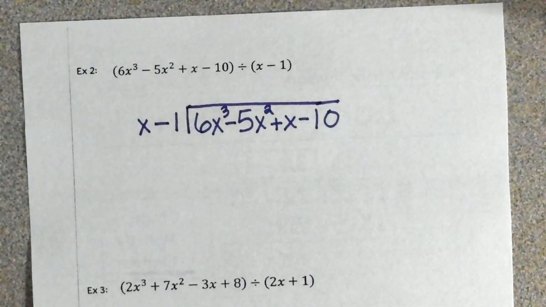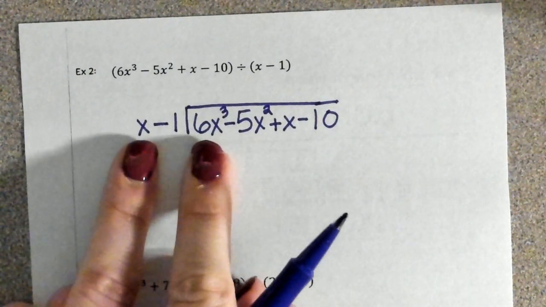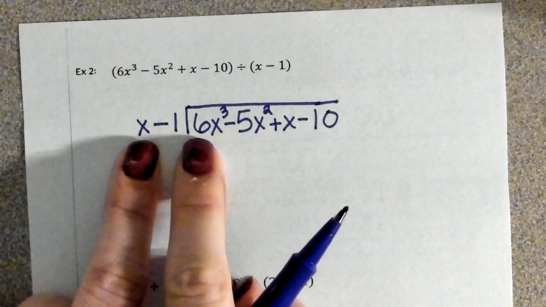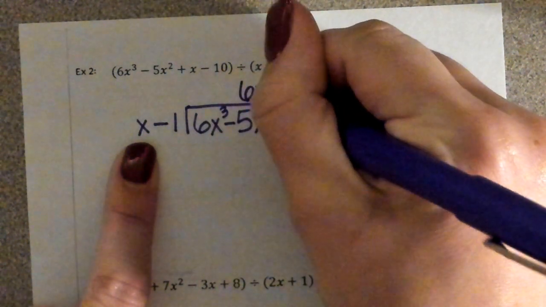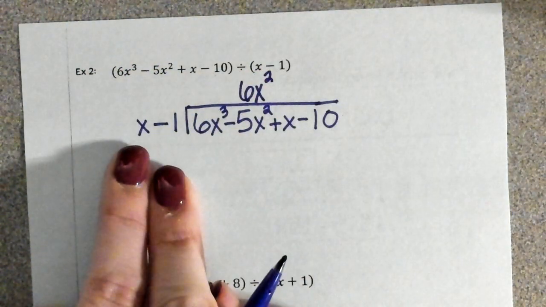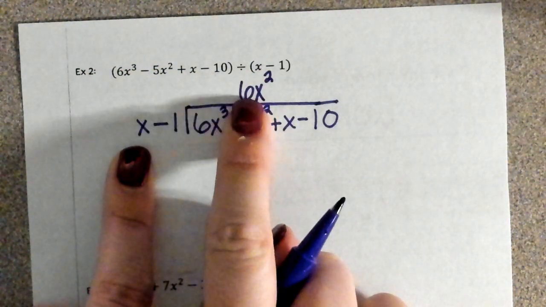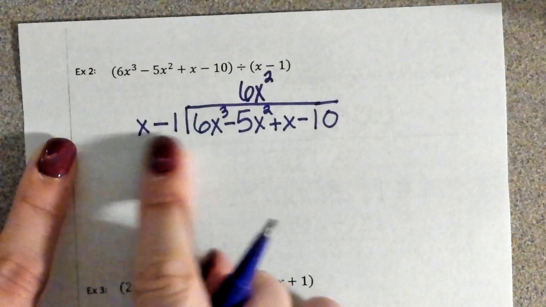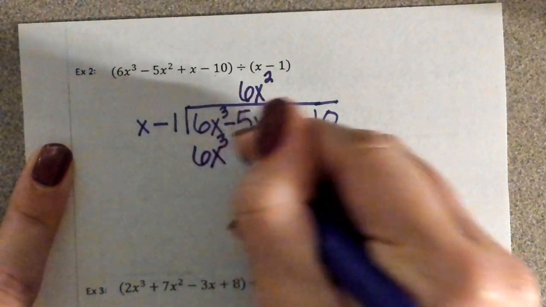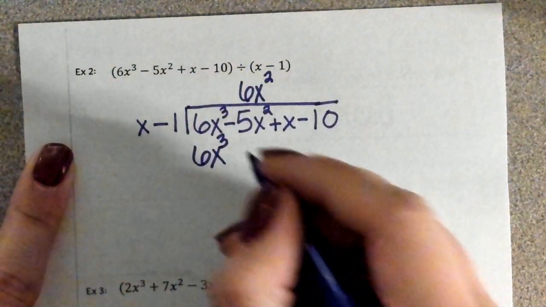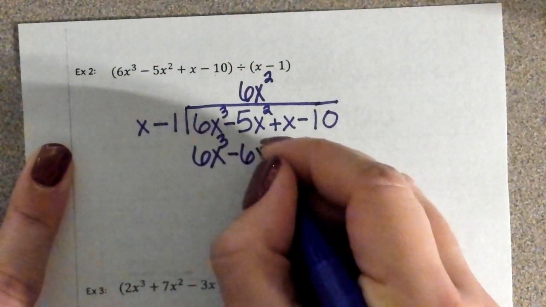And then we look only at the first terms. So x times what makes 6x cubed? That's 6x squared, right? Then you take 6x squared, multiply it by the entire divisor. 6x squared times negative 1 is just minus 6x squared.